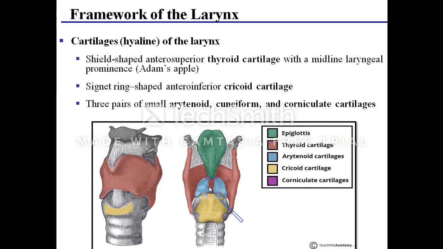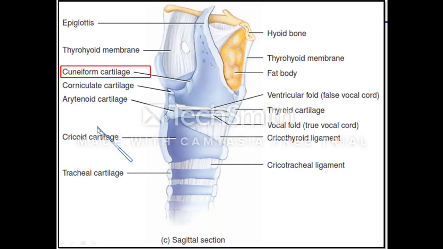This is the pair of arytenoid cartilages. On top of it, we have the corniculate cartilage. And one more is the cuneiform cartilage. So cricoid, arytenoid, corniculate and cuneiform cartilages are the different cartilages present in the larynx.